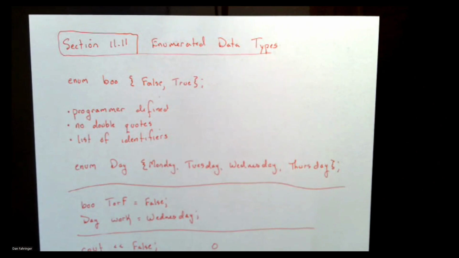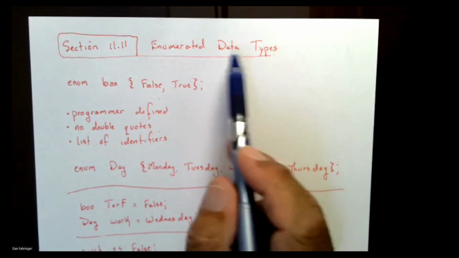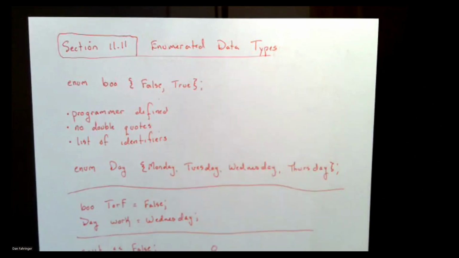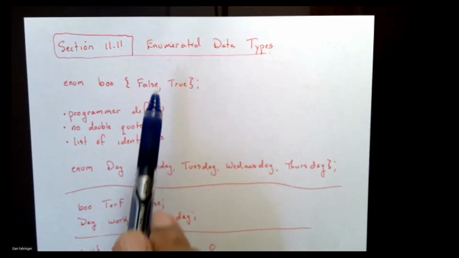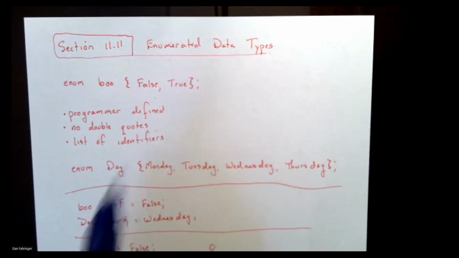All right, so today we're going to talk about enumerated data types. Again, this is a new data type. We just covered structs, which was a new data type, so you see the relevance of why this is placed here. Another new data type. This data type is called an enumerated data type.